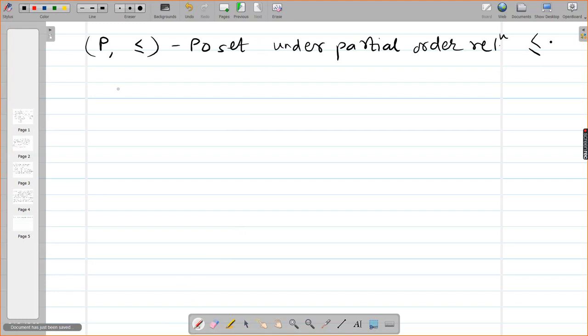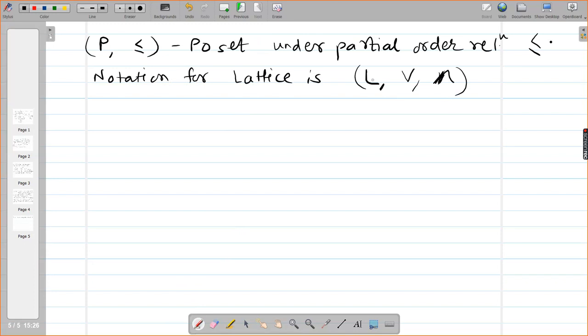And the notation for a lattice is L comma join comma meet. So whenever I say lattice, you should write L, join, meet. These are the operations we perform on a lattice.